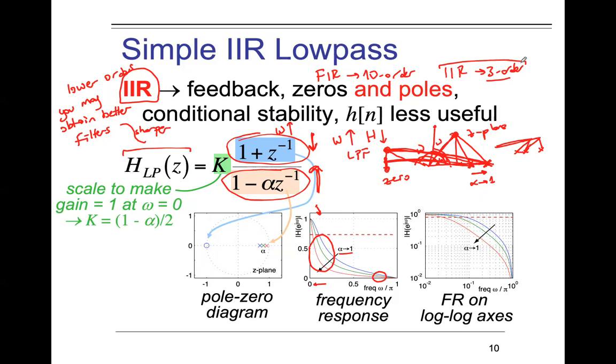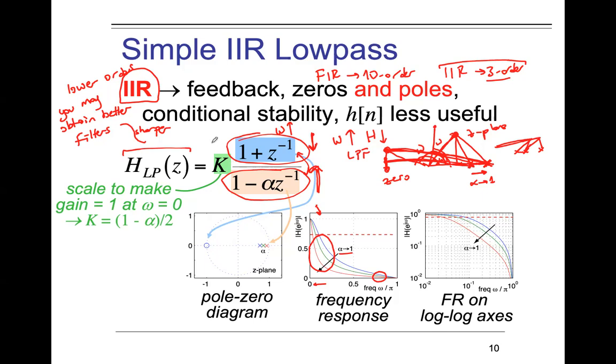Hocam, from this transfer function, can we easily identify that this is an IIR filter? Yes. If you have a numerator and denominator, this is an IIR filter. That's the only thing. If you have the numerator and denominator both with Z, Z upper side, Z below side, that's an IIR filter.